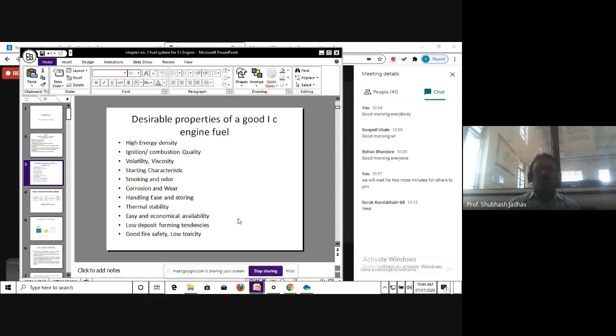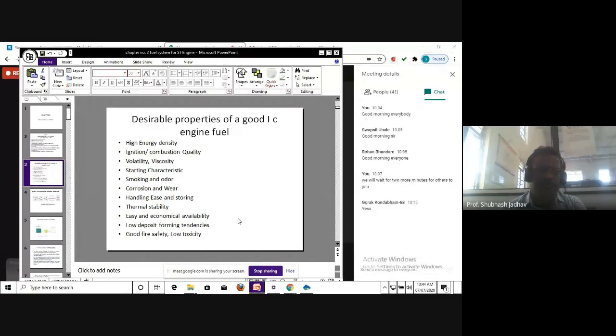Now, the concept of fuels, you might have studied in your basic mechanical engineering: conventional fuels and alternative or renewable fuels. Conventional fuels are those which we generally use, and petroleum fuels come under this category because that is what we are using nowadays.